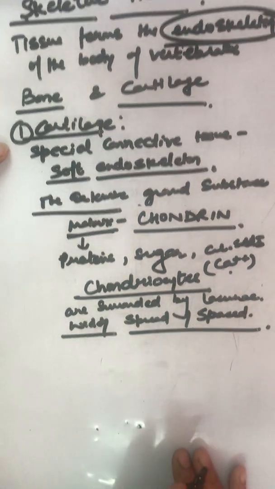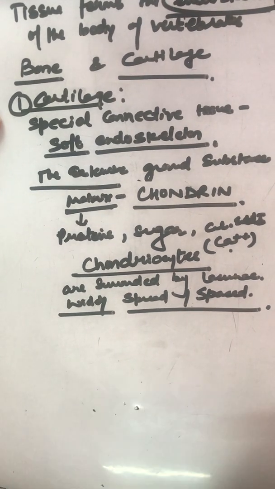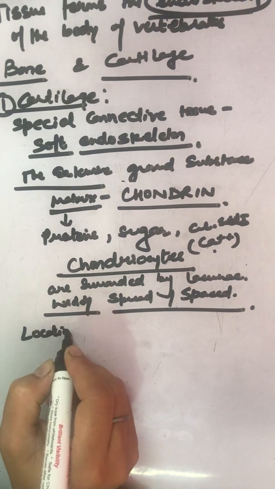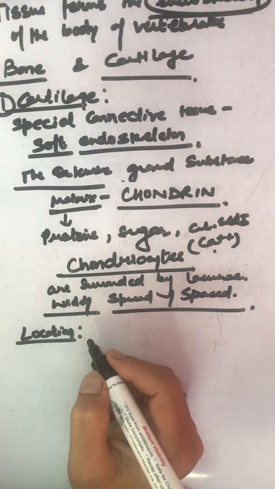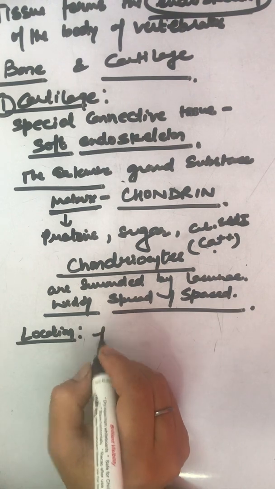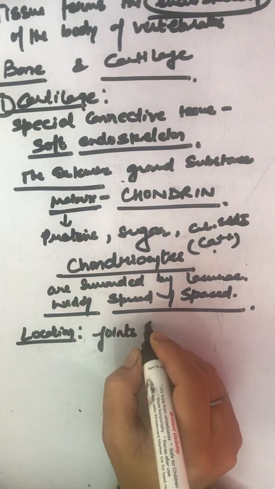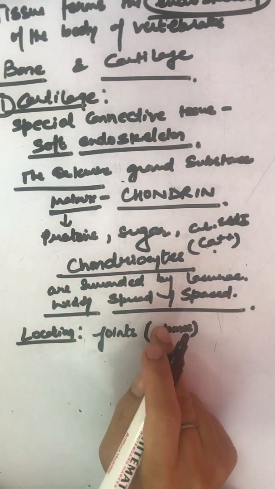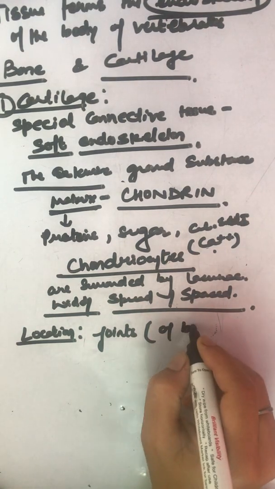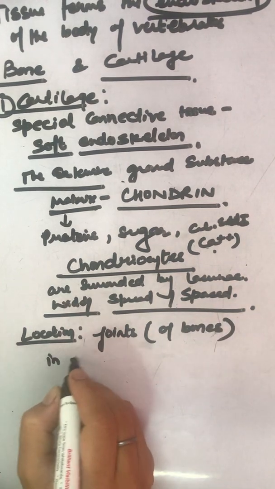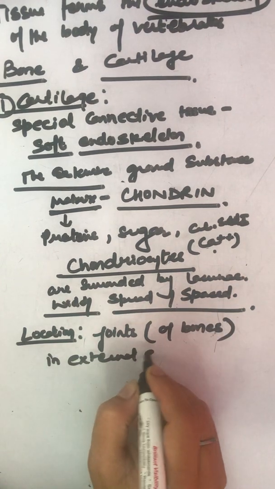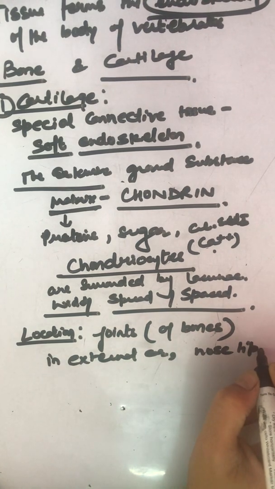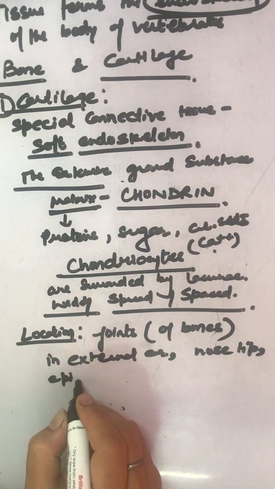Okay? Where does it occur? Now coming to its occurrence, its location. It is present at the joints. Which joints? Joints of bones. In the external ear, the nose tip, and the epiglottis.